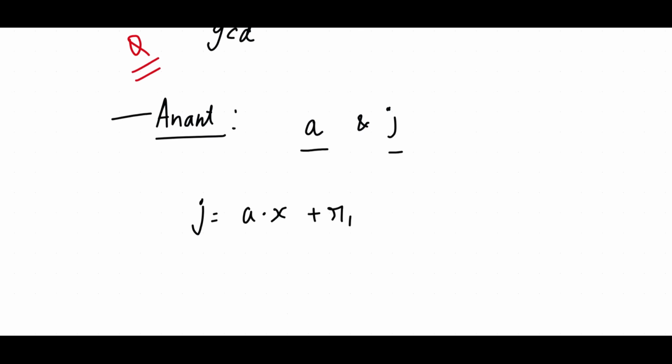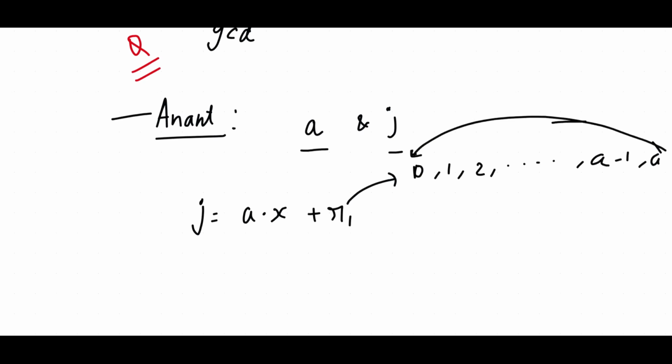When this R1, we can have R1 as anything from 0 to A minus 1. In the case of 0, R1 will be equal to 0, that's the case when A is actually exactly dividing J.